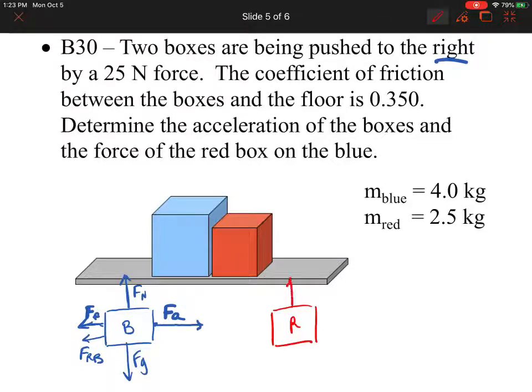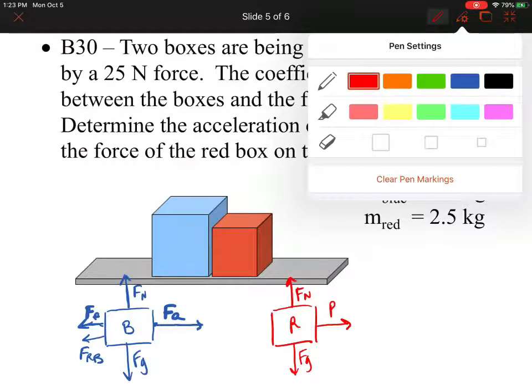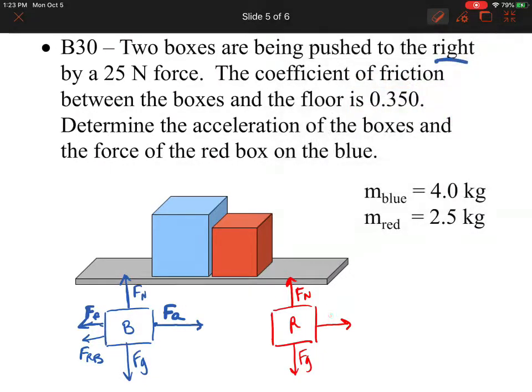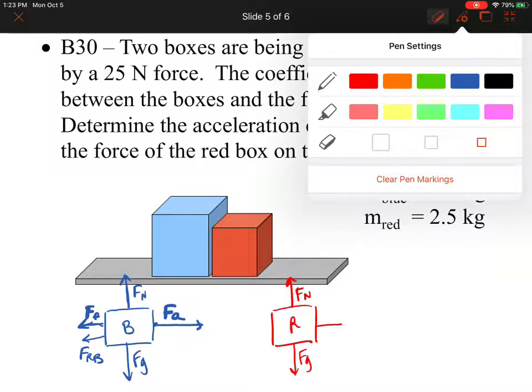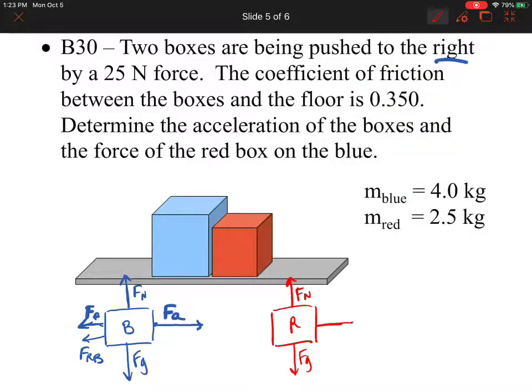Okay, so here we go. Same thing, we have a normal force going upwards and a gravitational force going downwards. Okay. So what do we have here? We have the force of the blue box on the red box, which is actually kind of replacing our applied force because the applied force is on the blue box.